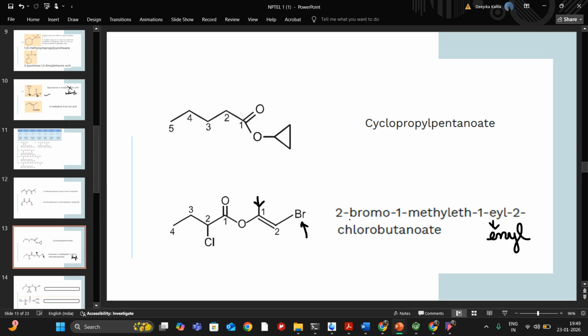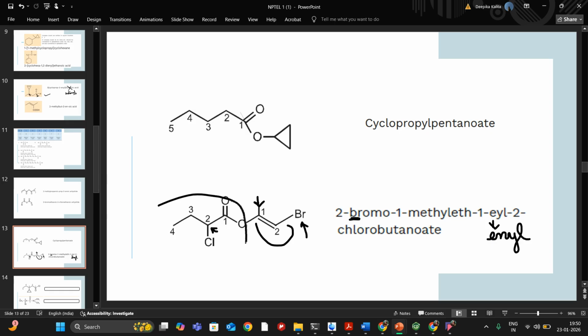Since B will be given the higher priority according to the alphabetical order, 2-bromo, 1-methyl, eth-1-enyl. Now we'll go to this side, 2-chlorobutanoate.